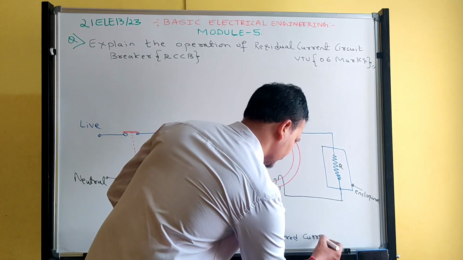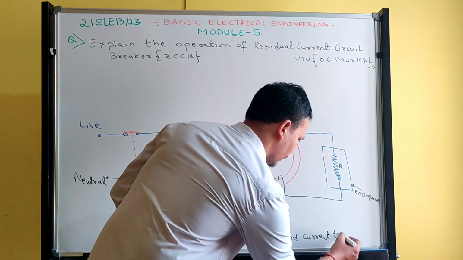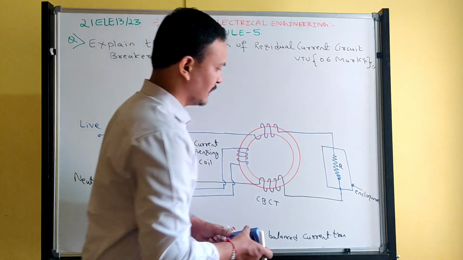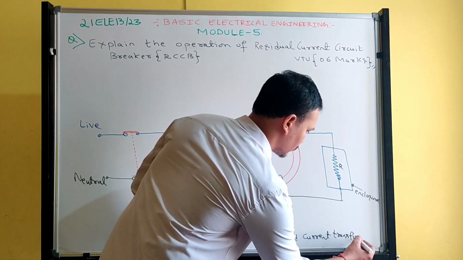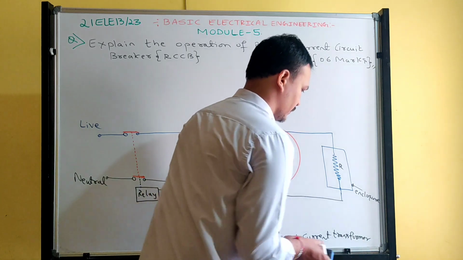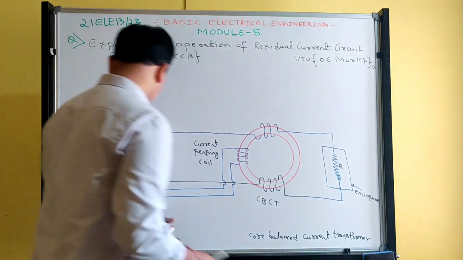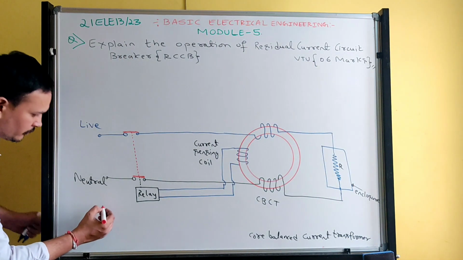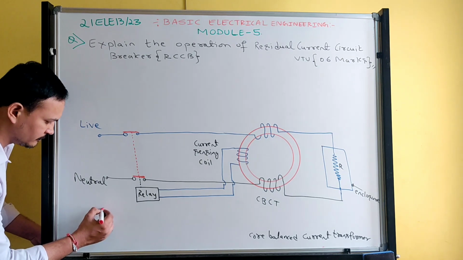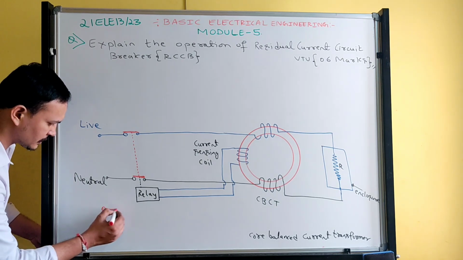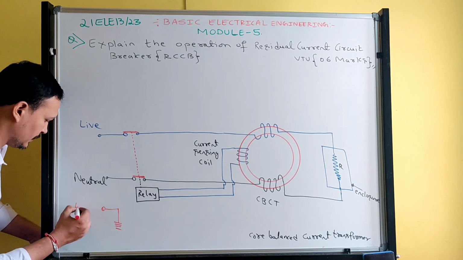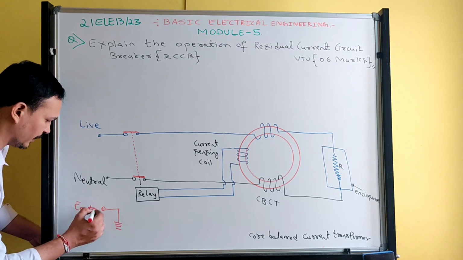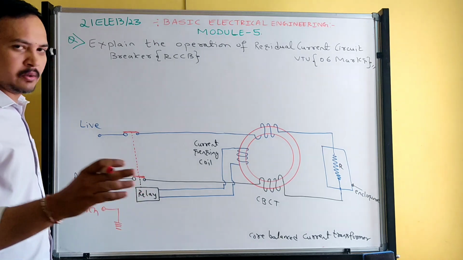Let me write it here itself: core balanced current transformer. Now one more pin will be there, the earth pin. This is called the earth pin.